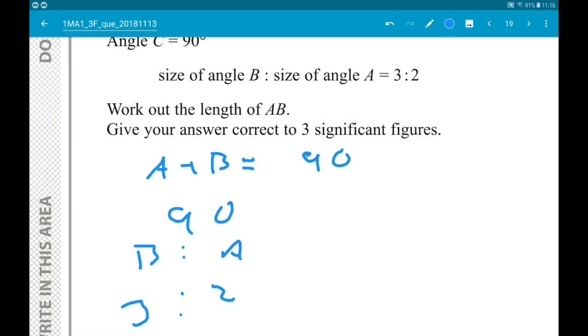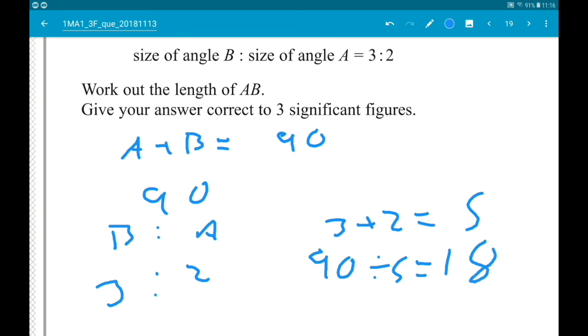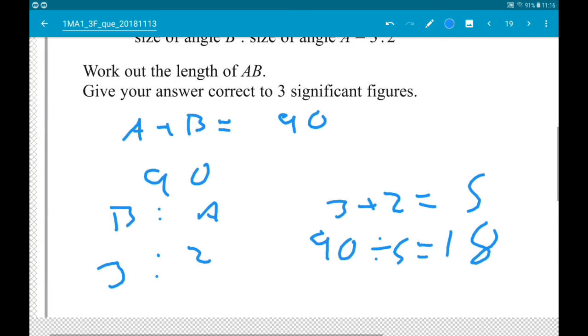So, to do that, add the parts of the ratio. So 3 add 2 is 5. We then need to know how many lots of that are in 90. So 90 divided by 5 is 18. That tells us there are 18 lots of this ratio in 90.